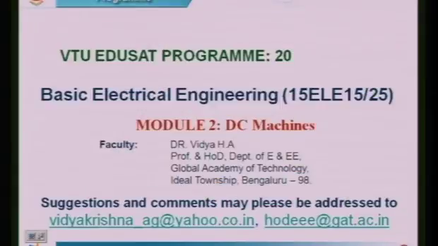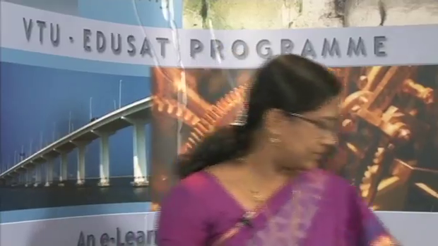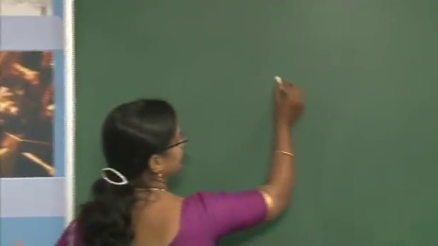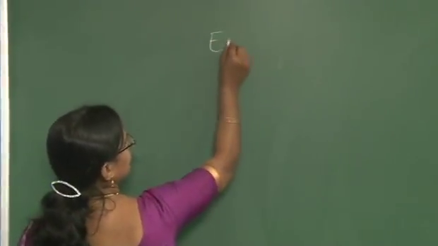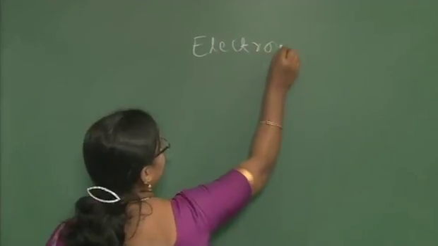Today I am going to teach DC machines. These machines are rotating magnetic machines because they follow the dynamically induced EMF, and they are also called electromechanical systems.